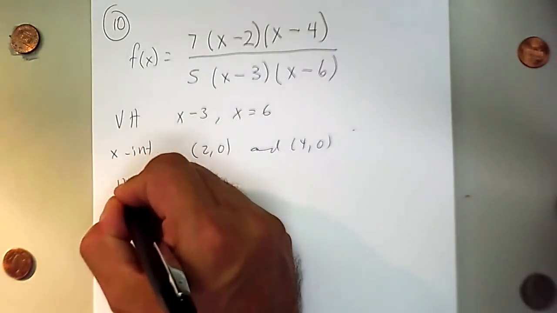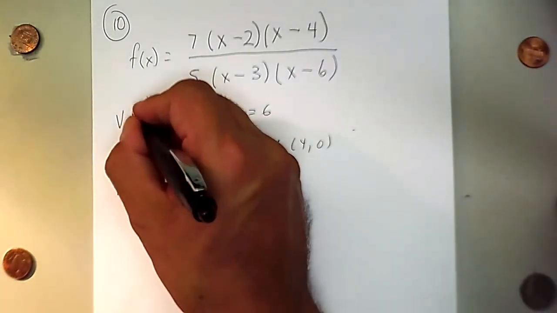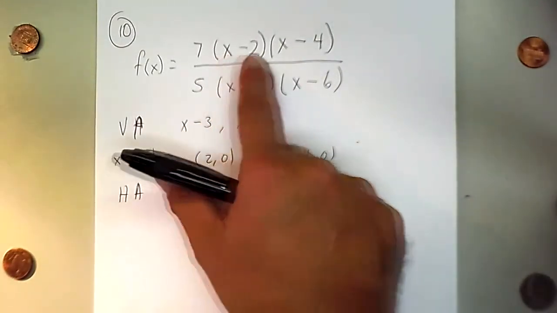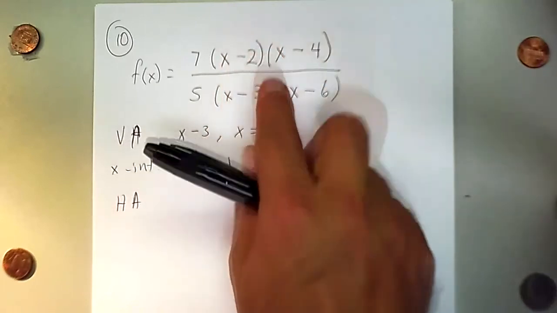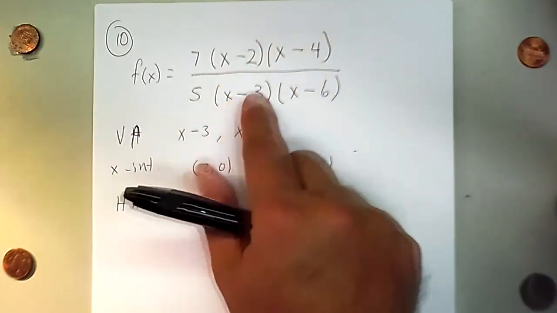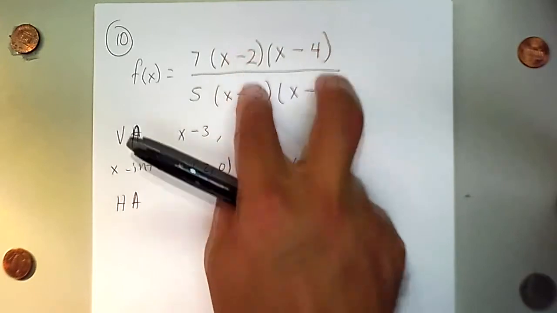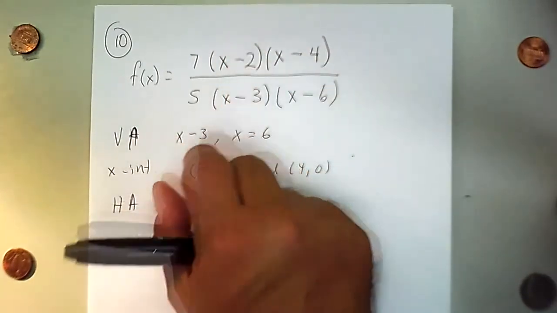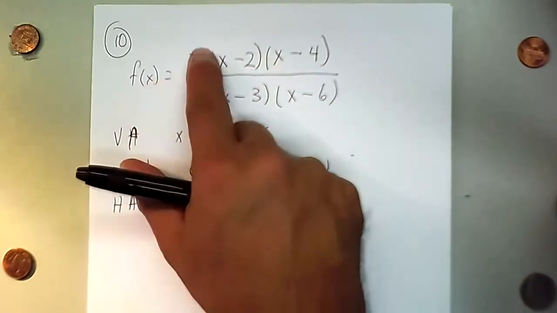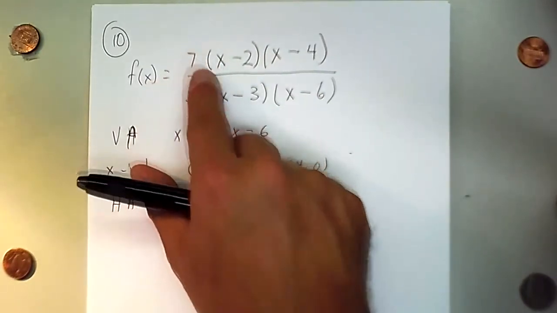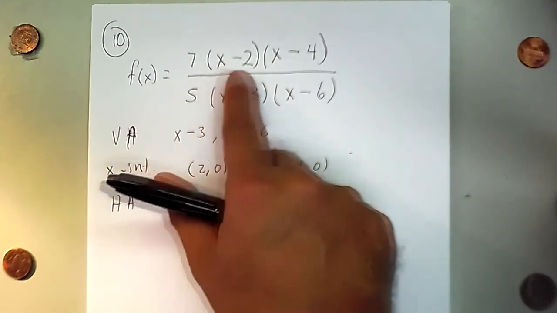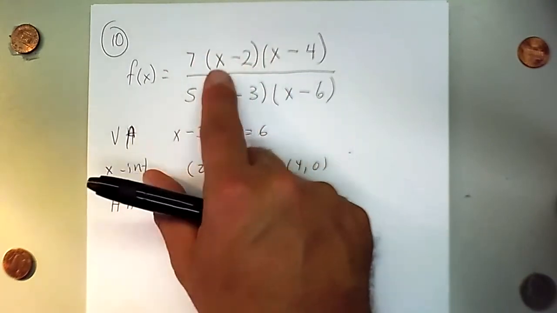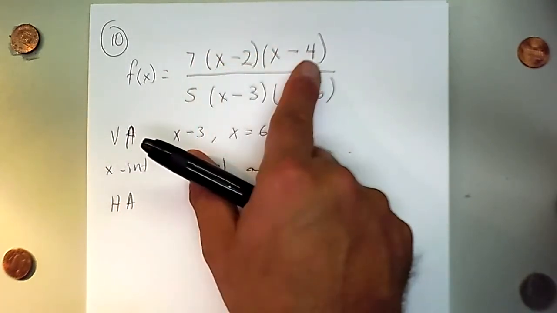Horizontal asymptote. Okay, what is the degree of the numerator? 2. The degree of the denominator? 2. So this is balanced. Numerator and denominator are of the same degree. So we look at the leading coefficients. Technically speaking, we're supposed to multiply this out. We're going to end up with x squared minus 6x plus 8 times 7.